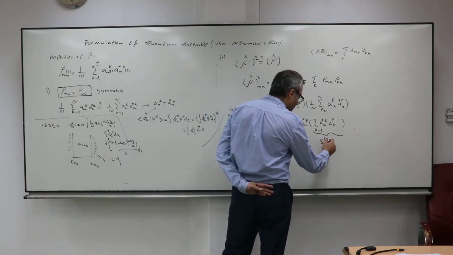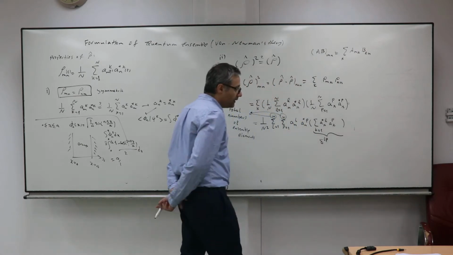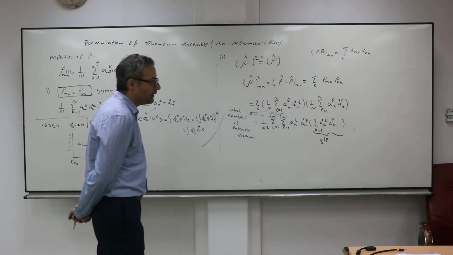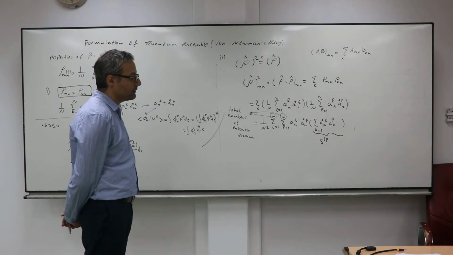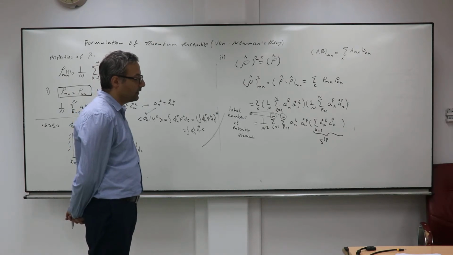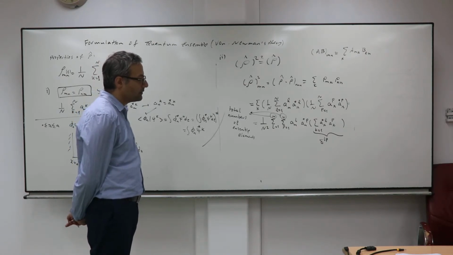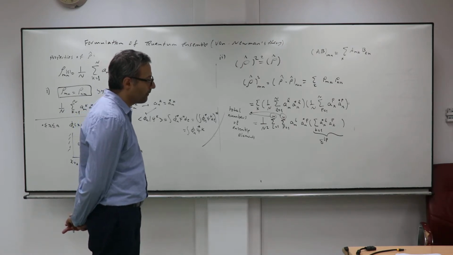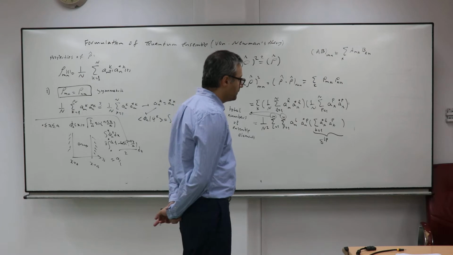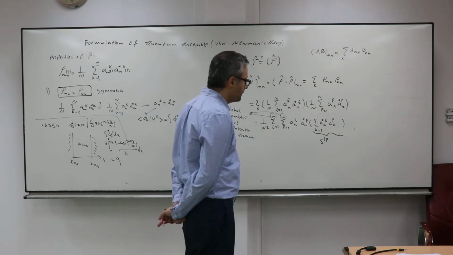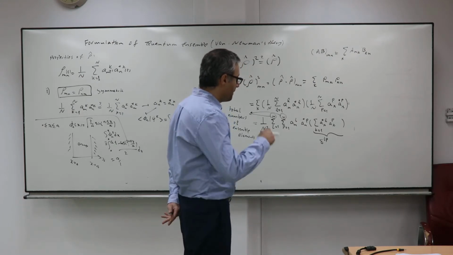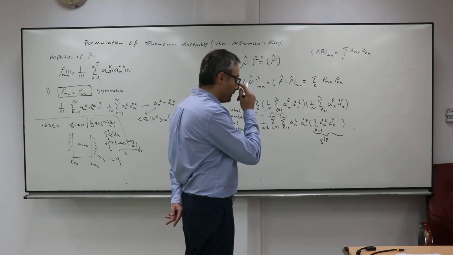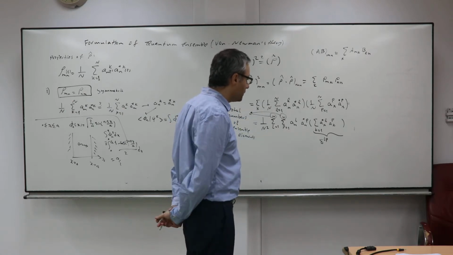This will be the LL. You can use the definition of a_k and substitute that here, and you can show that it will be reduced to the Kronecker delta actually.